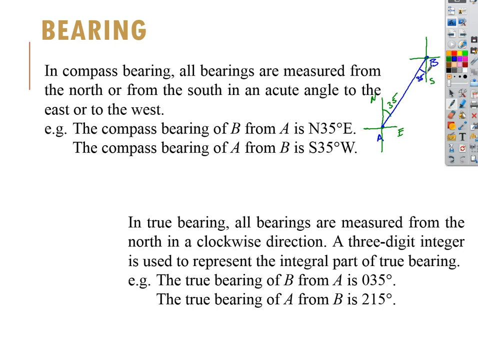So how is that different? The other type of bearing is called true bearing. True bearing uses 360 degrees. It doesn't use north, south, east, or west. The big difference is where it starts from. In true bearing, all bearings are measured from the north in a clockwise direction, and a 3-digit number is used to represent the integral part of the bearing.